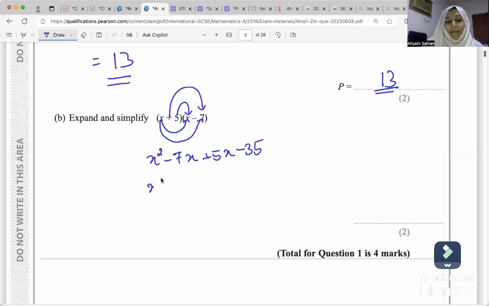Okay, so collect the like terms together. Here these two terms are the like terms. So minus 7x and positive 5x is going to be minus 2x. Sorry, the last term should be negative 35.